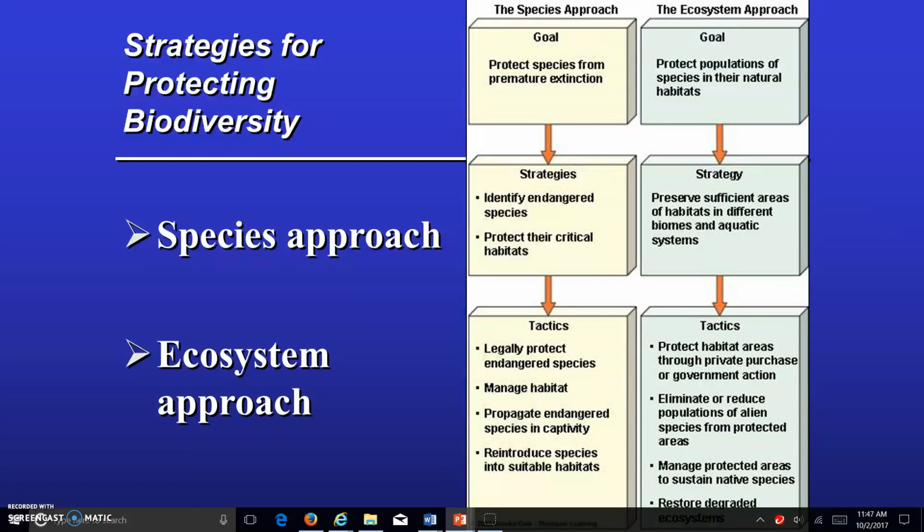Ways to protect habitat include having the government purchase land and set it aside as part of maybe the national park system or the national wildlife refuge system and so on. So that's one way. Or through private purchase and setting up land trusts.